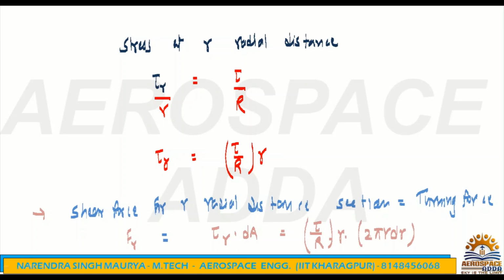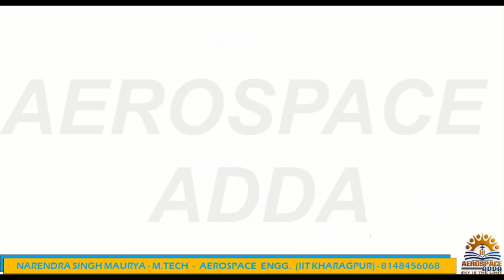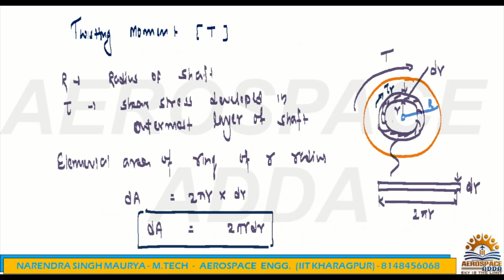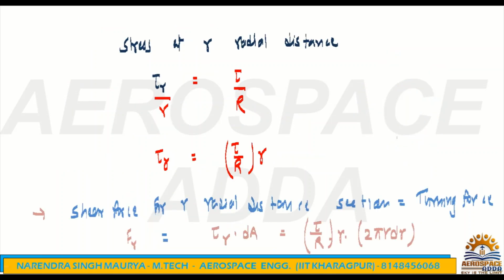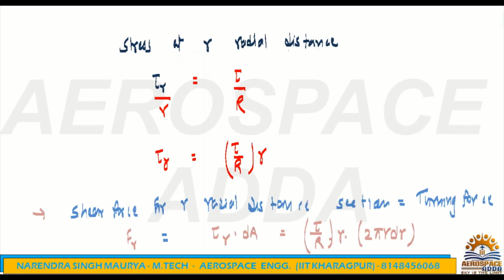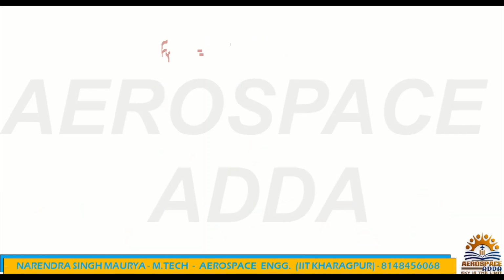And remember, this shear force is for this r radial distance section, for this ring only. For this ring we are calculating only, okay? So this F r is what you have written here: tau by capital R into small r into 2 pi r dr.